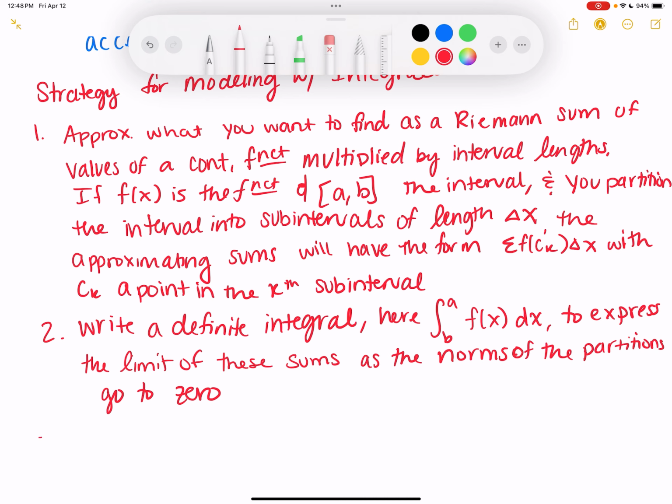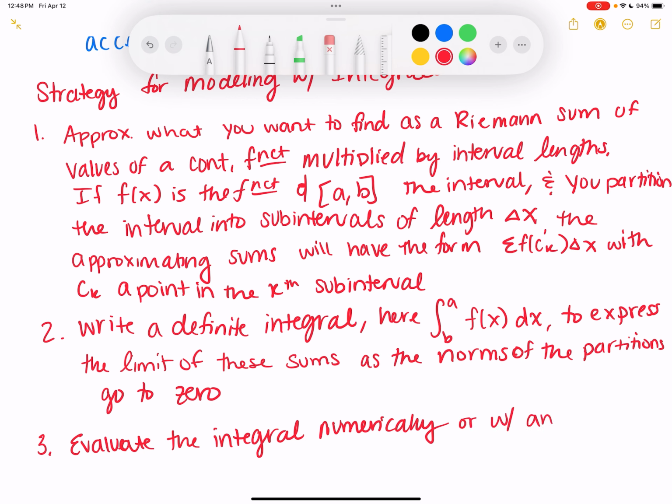And then 3, evaluate the integral numerically or with an antiderivative.